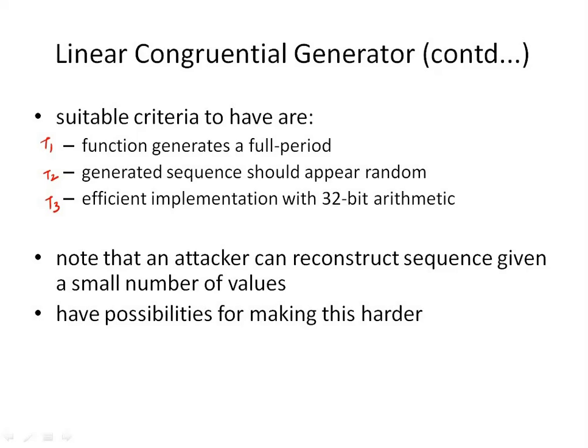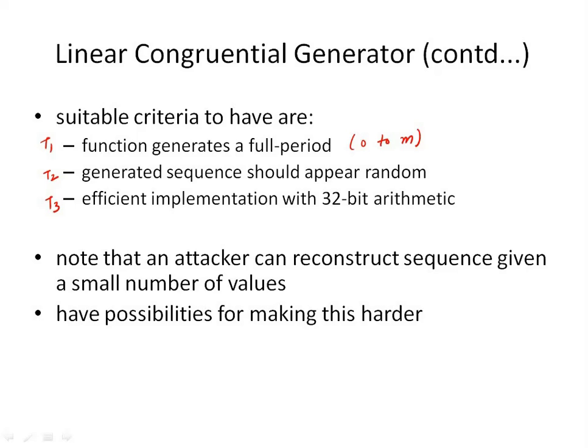That means the function should generate all the numbers between 0 and m before starting repetitions. The second test is that it should generate a sequence that appears random. There should not be a particular pattern among the numbers generated; they should appear completely random. And the third test is that it should be efficient to implement on a 32-bit architecture or with 32-bit arithmetic operations.